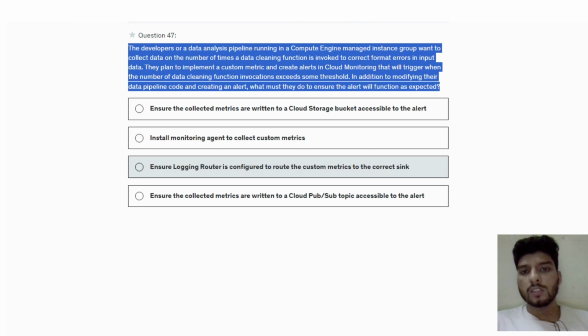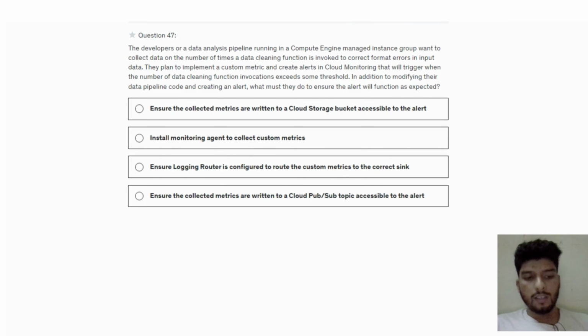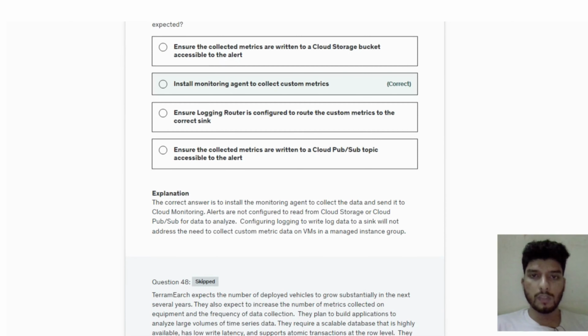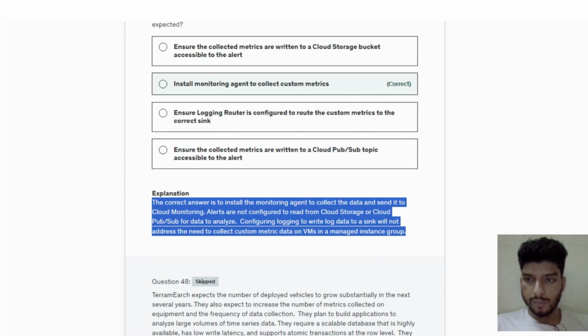Ensure the logging router is configured to route the custom metrics to the correct stream. Ensure the collected metrics are returned to the Cloud Pub/Sub topics accessible to the alert. The right answer is option B, install monitoring agents to collect custom metrics. Here is the explanation for your reference.